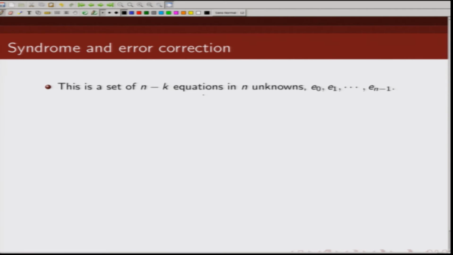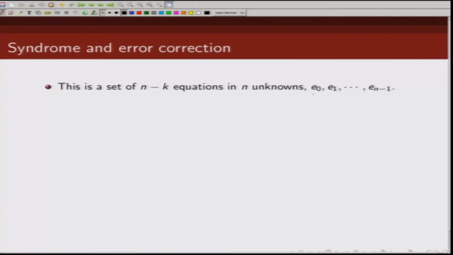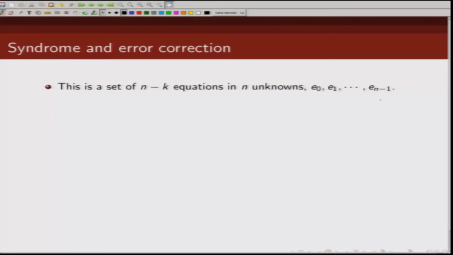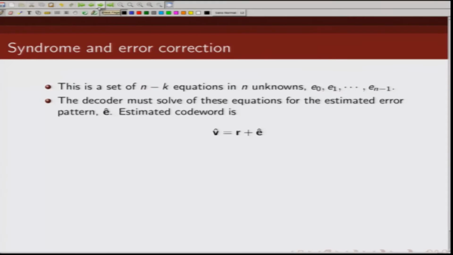We have n unknowns, from the error at location 1 to the error at location n. So, we have n unknowns E0, E1, E2, up to E n minus 1, whereas we have only n minus k equations. So, we have fewer equations and more unknowns, and what we need to do is solve this set of equations to find out what these unknown quantities are, because to find the error pattern we need to know what these E i's are.